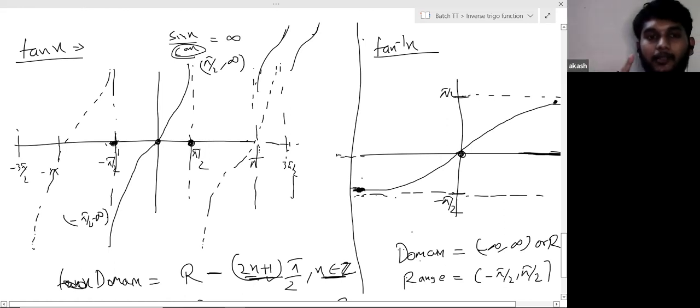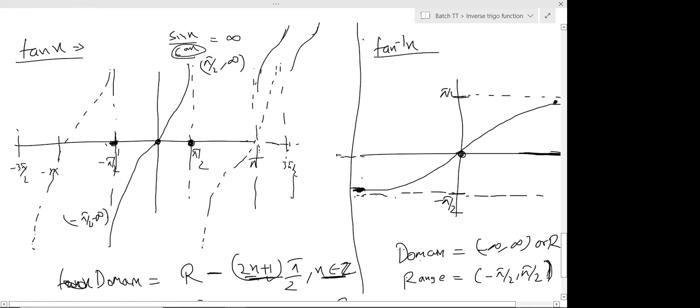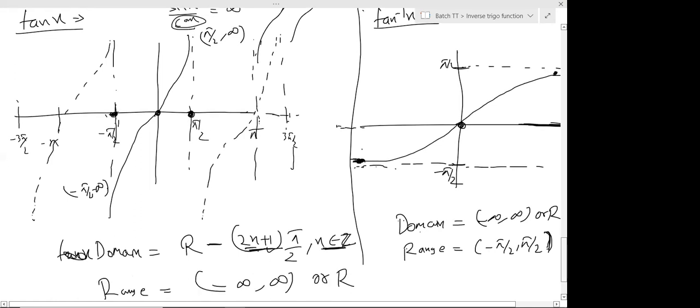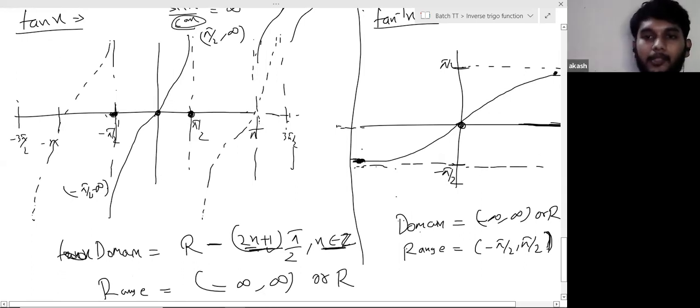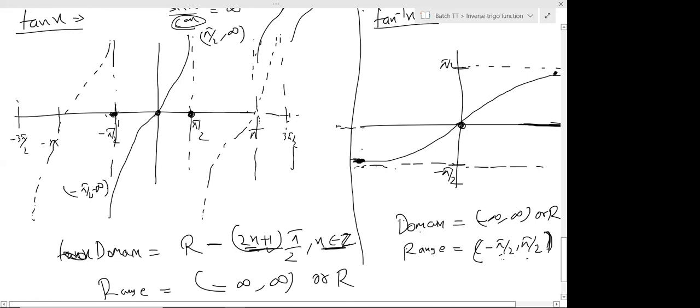But in sine inverse x, we were getting minus pi by 2 and pi by 2. So this is the difference. Open brackets means parenthesis, meaning we cannot include the values minus pi by 2 and pi by 2, but the values between them we can take.